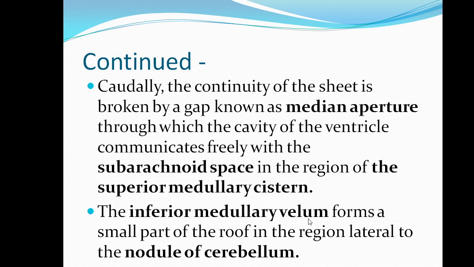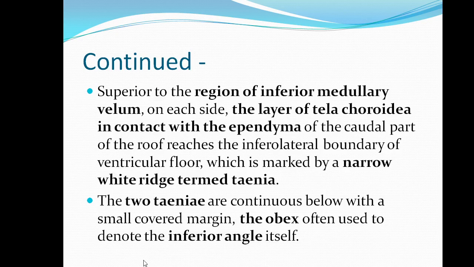The inferior medullary velum forms a small part of the roof in the region lateral to the nodule of the cerebellum. Superior to the region of the inferior medullary velum, on each side, the layer of the tela choroidea is in contact with the ependyma of the caudal part of the roof and reaches the inferolateral boundary of the ventricular floor, which is marked by a narrow white ridge termed the taenia.